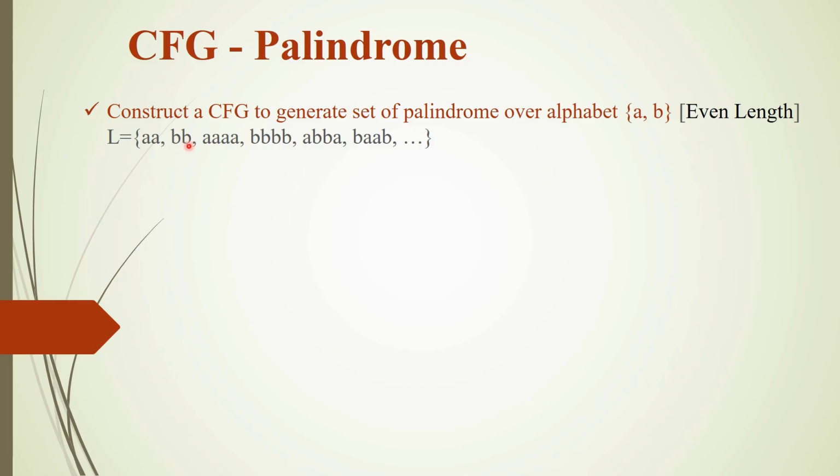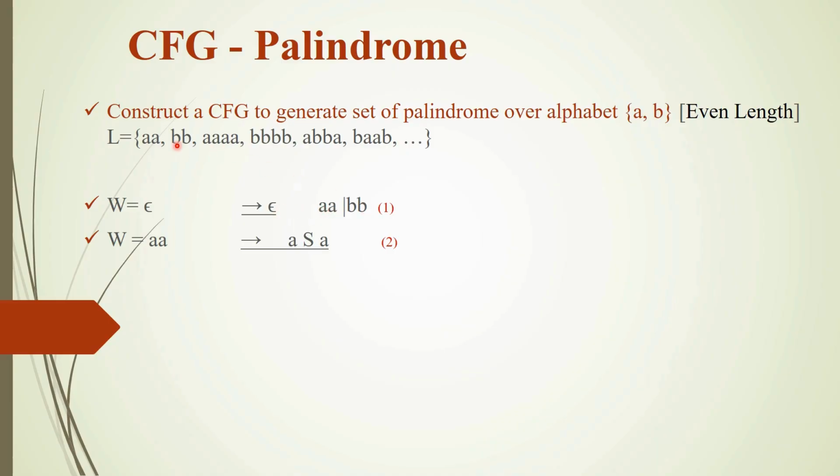Now for this we have to generate a context-free grammar. The first one is S to epsilon. Here S is nothing but the initial symbol, and I can explain afterward why we generate this grammar. You could also start the string and directly put aa or bb.